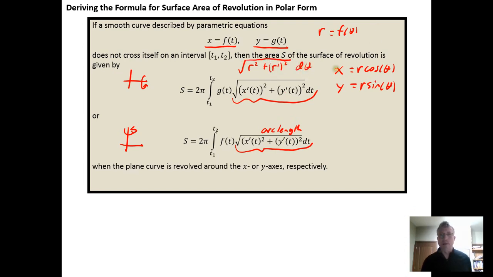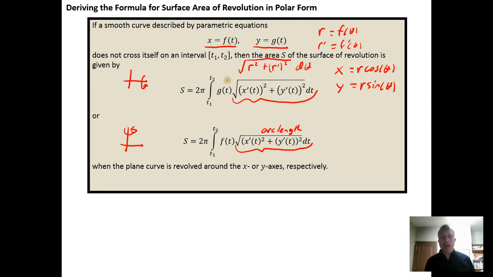That was derived by parameterizing the curve when we had a polar representation and doing some manipulation and simplification. And of course, if r is equal to f of theta, we could replace r and r prime with f and f prime just as easily.